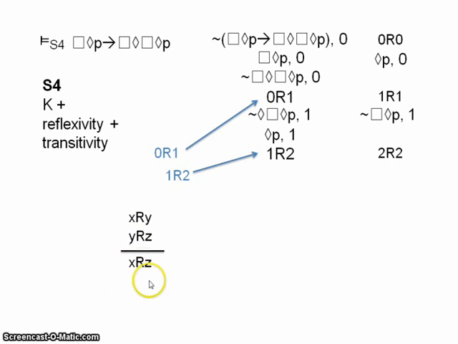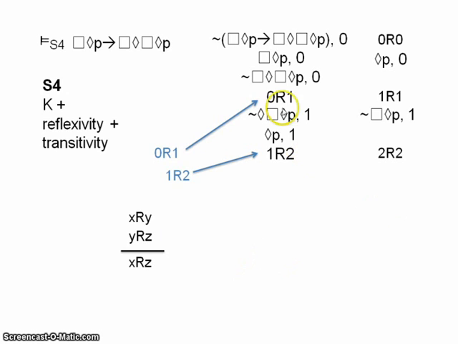Now notice we have world 1 is accessible from world 0 and world 2 is accessible from world 1. Recall the rule for transitivity. If we have y is accessible from x and z is accessible from y, then z is accessible from x.